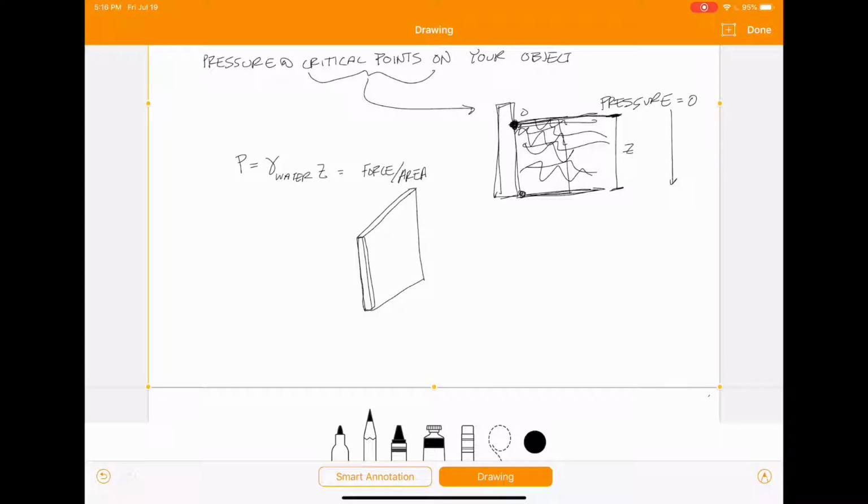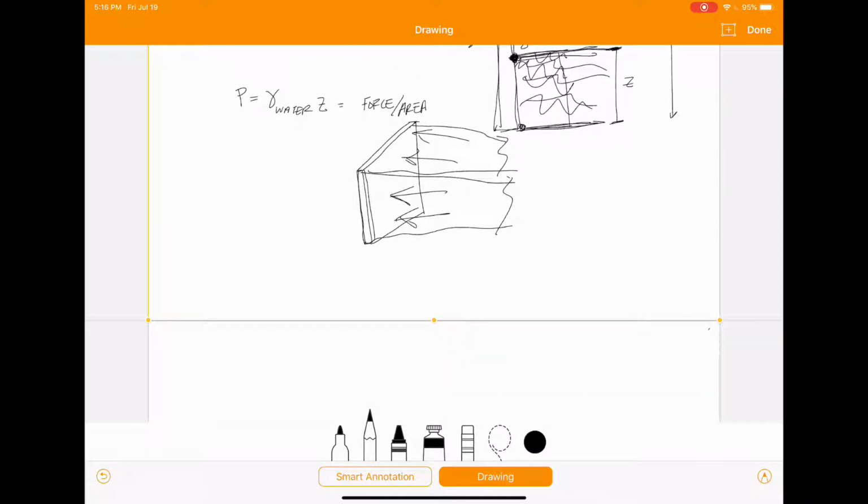We're just looking at it in 3D now. So we've got water acting over here now. And so now we've got this area force, and we want to get it into just a line load. So a PLF, a pounds per linear foot, a force per some length, because then we can just treat it as a distributed load and we know how to analyze those.